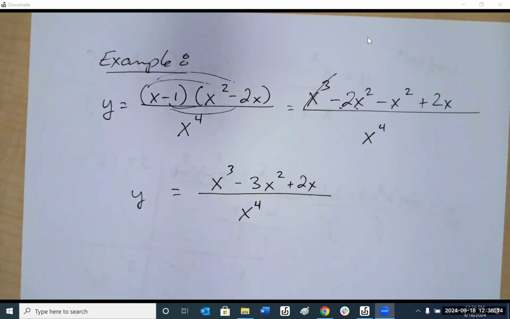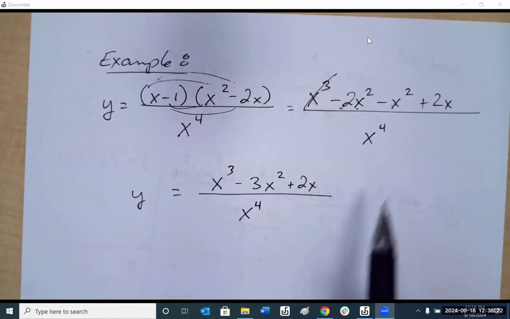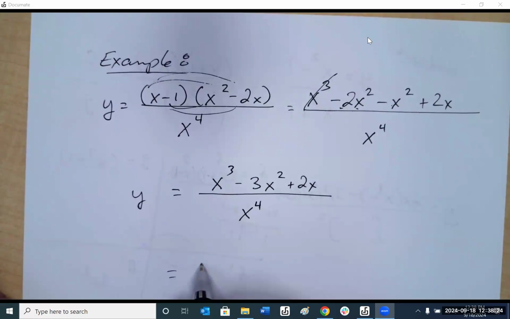Now here's a shortcut. Because the denominator is a monomial, only one term, we could break them all up into smaller pieces.